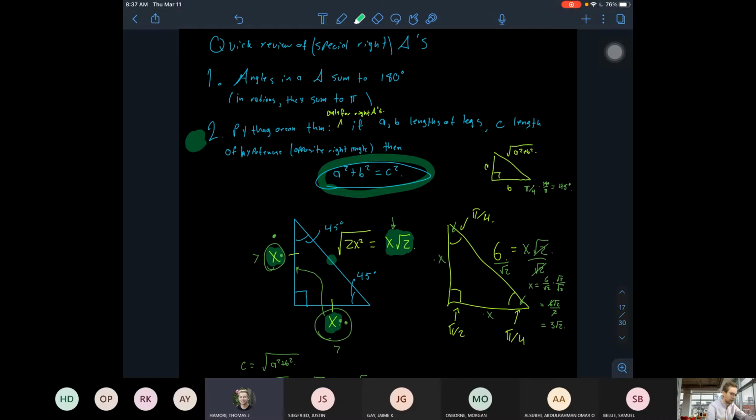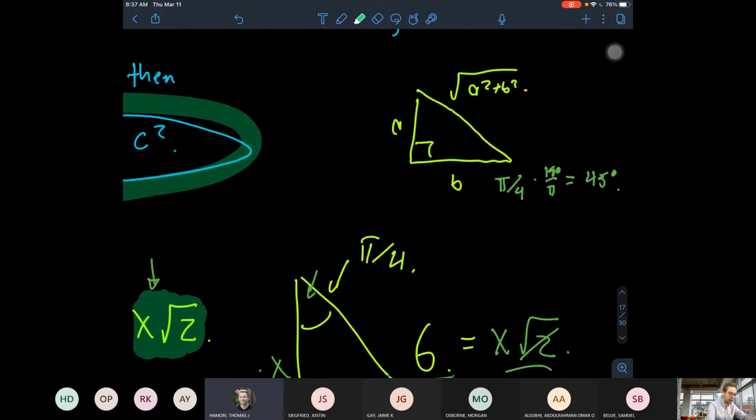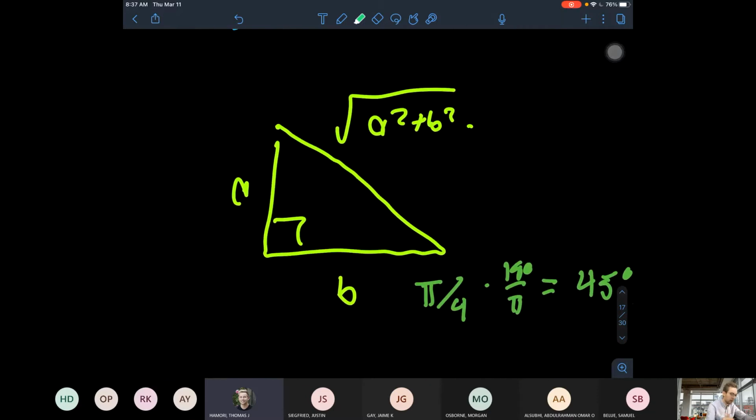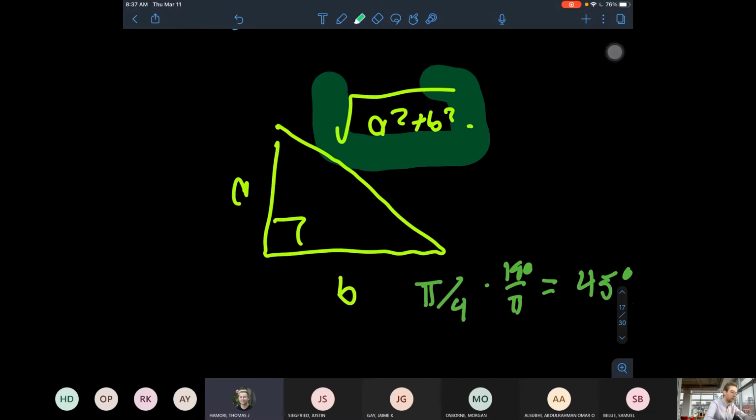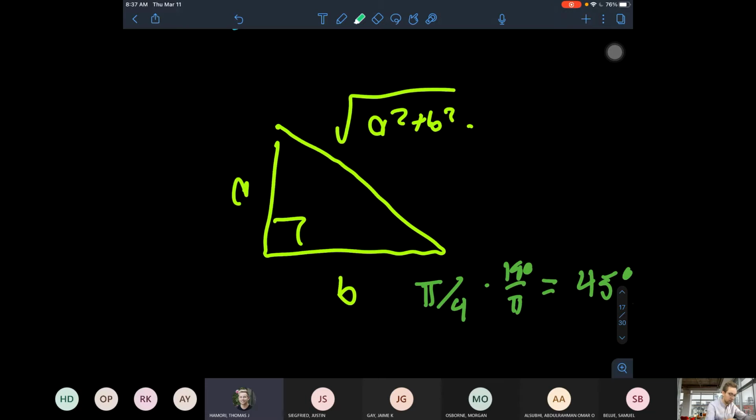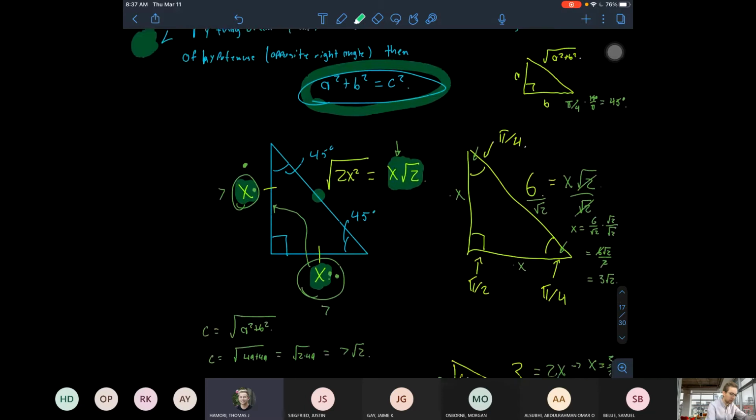And we have the Pythagorean theorem, which tells us that if we have a right angle, then the length of the hypotenuse is given by the square root of the sum of the squares of the other two sides' lengths. So that was the Pythagorean theorem.